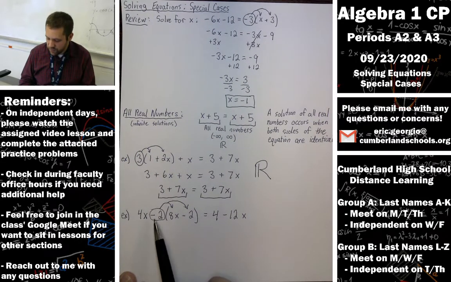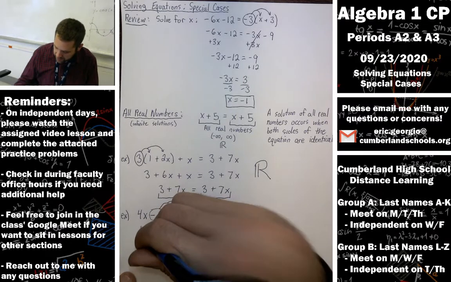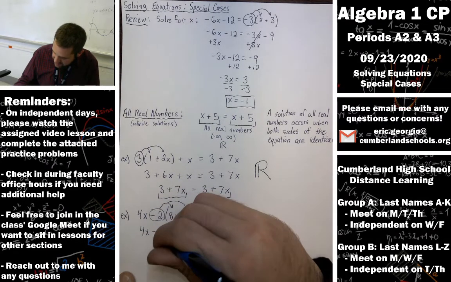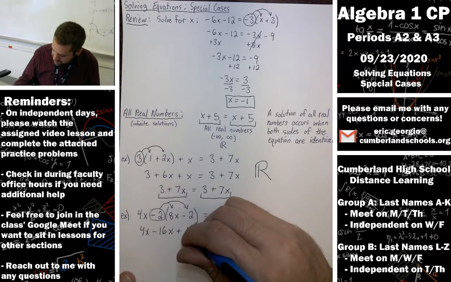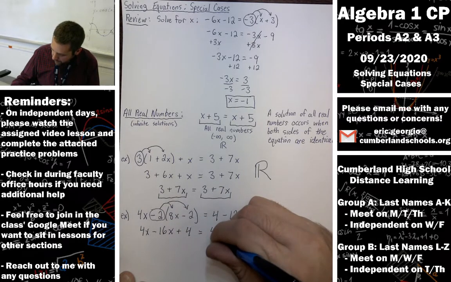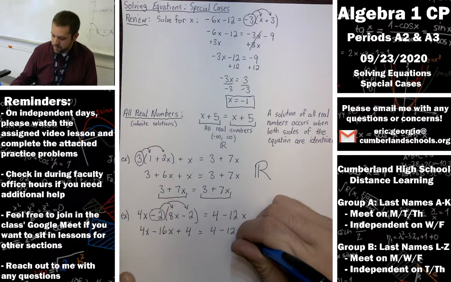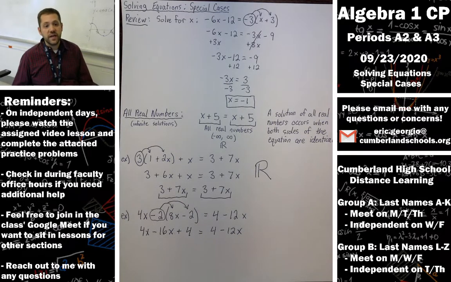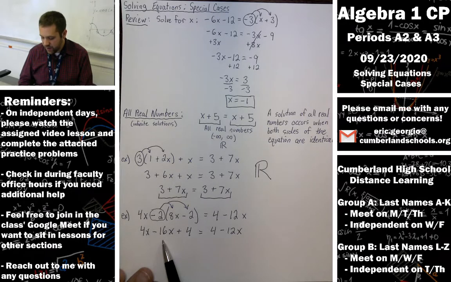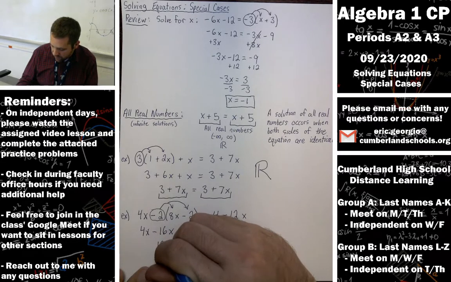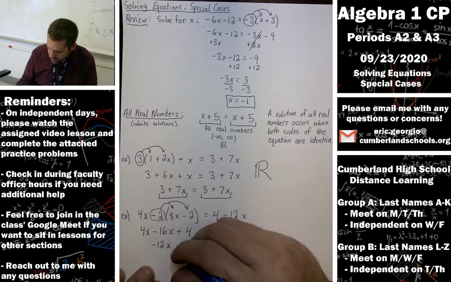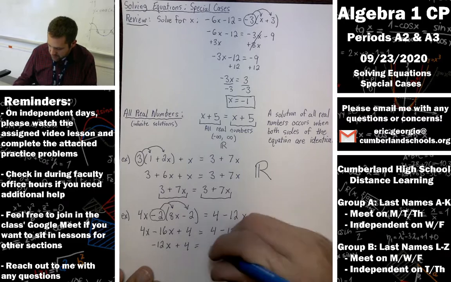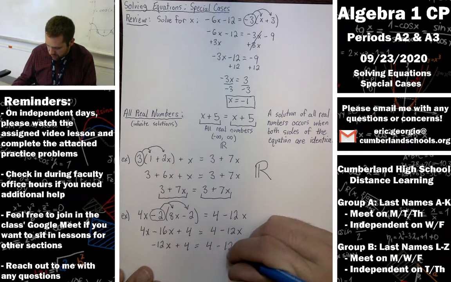Okay? So that's exactly what we're going to do. We're going to distribute the -2 times 8x, -2 times -2. I get 4x minus 16x plus 4 is equal to 4 minus 12x. Okay? Once again, we have a little combining like terms that we can do on this left side here. 4 x's, take away 16 of them, leaves us with 12 x's, -12 x's rather, plus 4 is equal to 4 minus 12x.